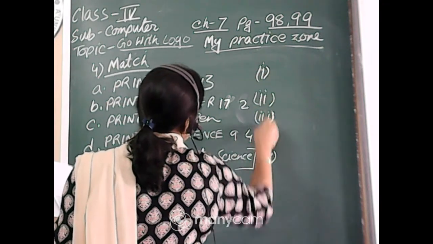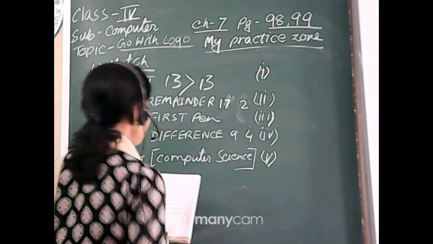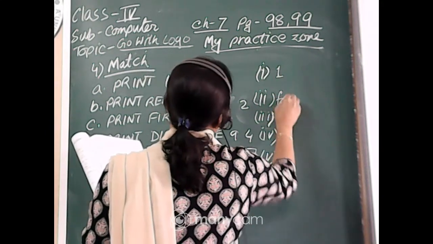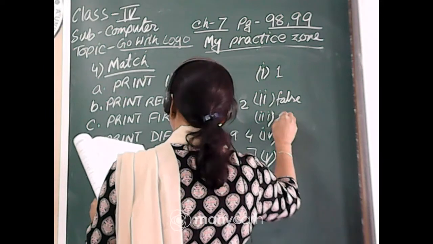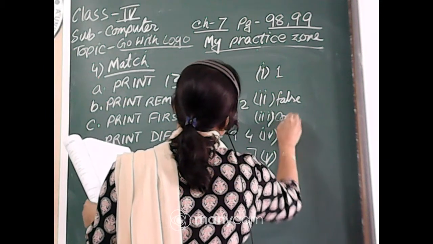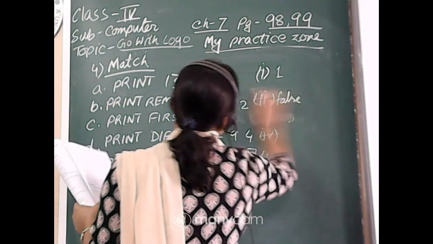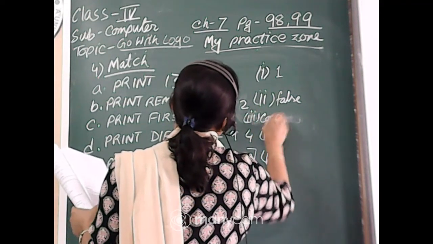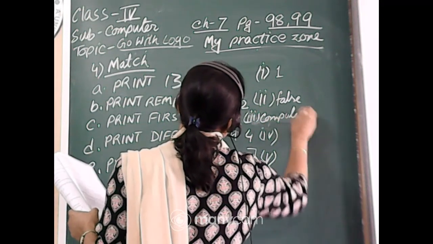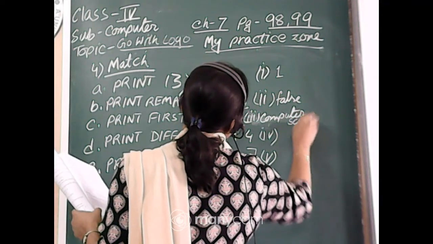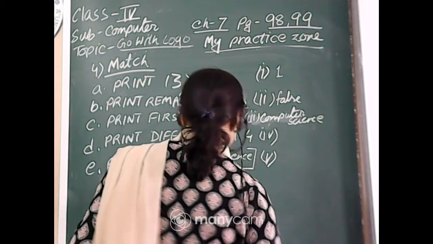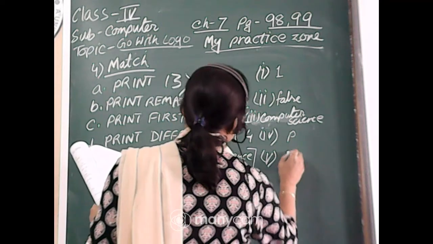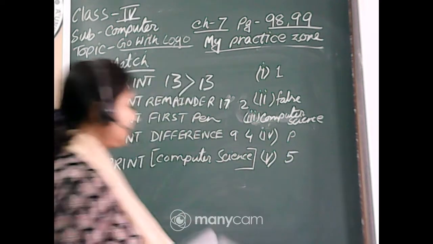Okay, here number 1 is written 1, number 2 false, number 3 computer science, and number 4 here is given P, and number 5 is 5.